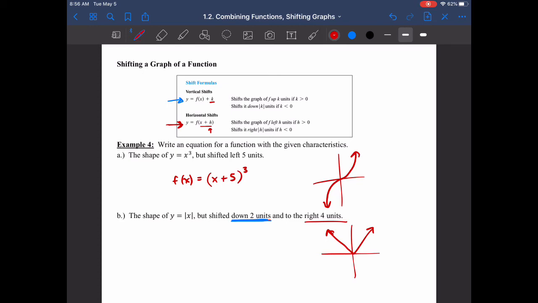And so ultimately, we get f of x equals absolute value of x, then I'll put a minus 4. That's for our shifting to the right. And then we're shifting down, so minus 2. That's the vertical shift. And so that's what our answer should be for that one. It's going to shift down 2 and right 4.